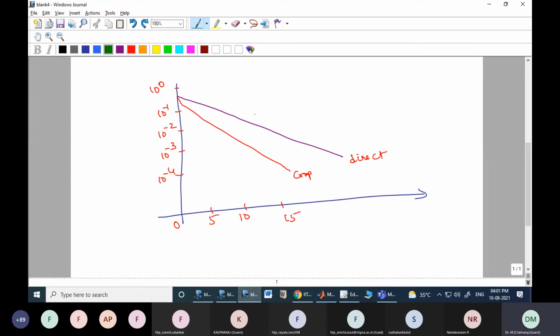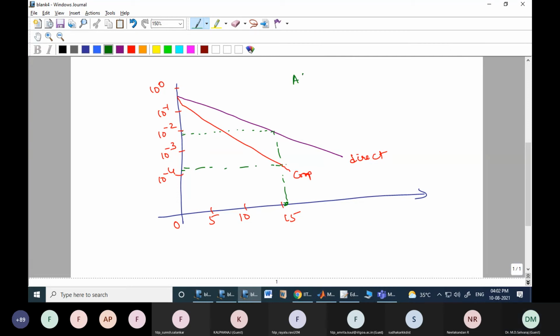If I can operate only at 15 dB, this is my 15 dB. It is going to give approximately this point, and this is going to be approximately this point.